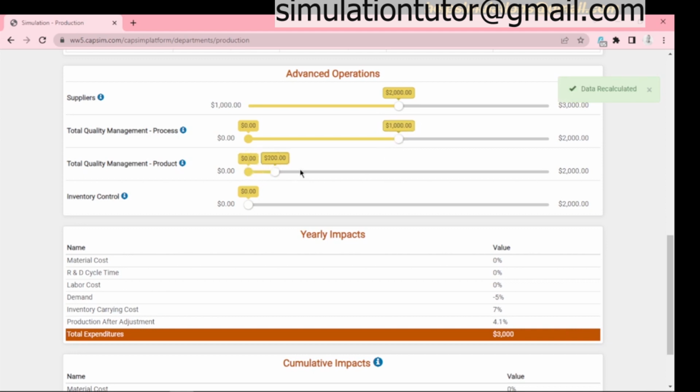So total quality management for the product will also be boosted to 1000. Inventory control, also let's increase it to 1,000 and see. So I think these are good decisions.